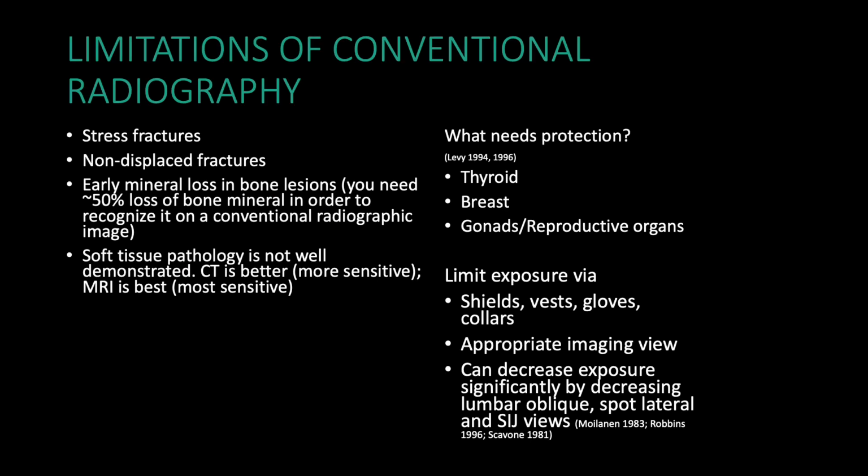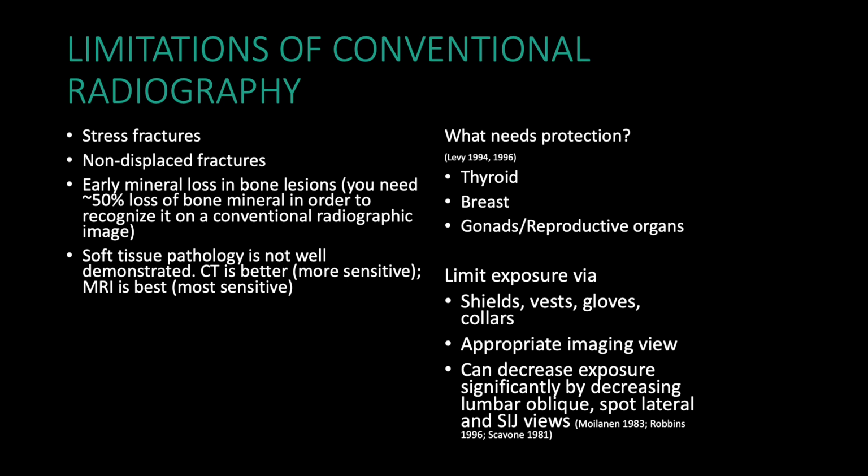So some of our limitations, particularly with conventional radiography, is that stress fractures, non-displaced fractures, and early mineral loss in some of these bony lesions don't show up well on radiographs, and soft tissue pathology especially is not well demonstrated on radiographs. So therefore we might use CT or MRI to get a better idea of what's going on.